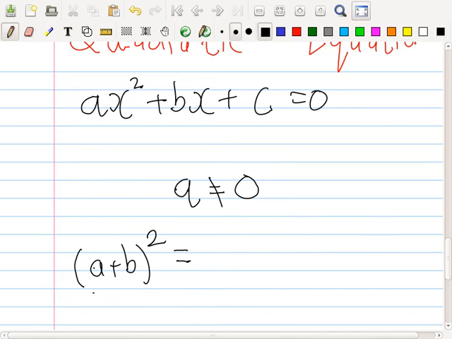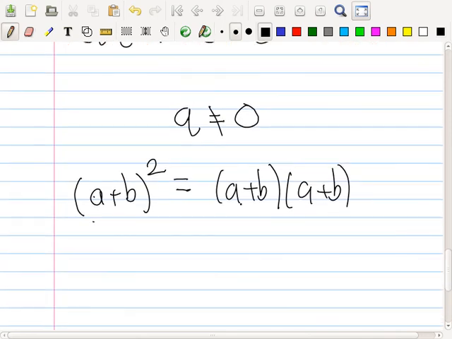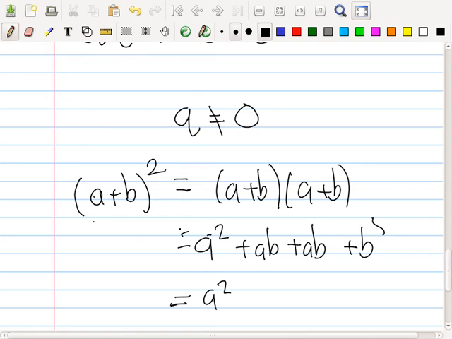The long way would be to write it like this and multiply: a by a, a squared, and then ab, and then ab again, and at the end, b squared. That equals a squared plus 2ab plus b squared.